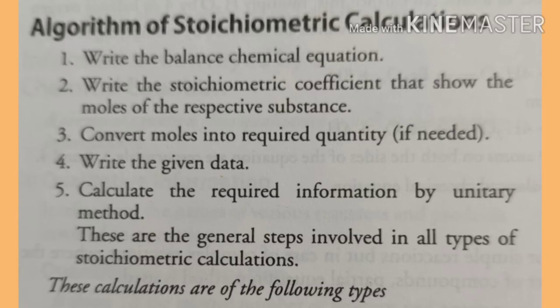And then the fifth point is calculate the required information by the unitary method. By using the simple unitary method, we can calculate the amount of the substance or the volume. Then we'll see the different steps for the calculation.